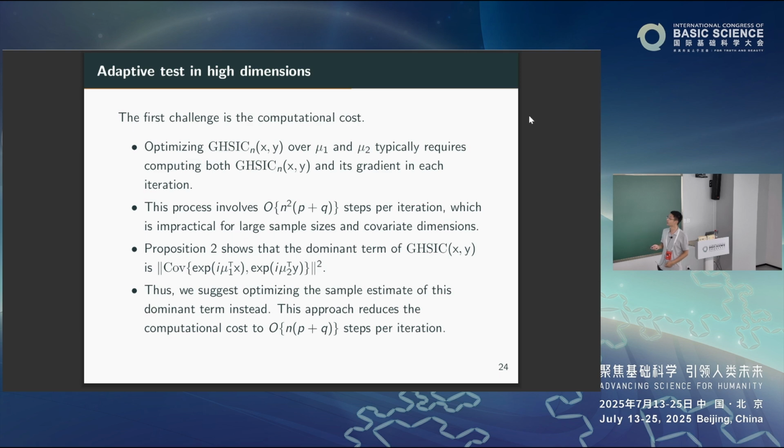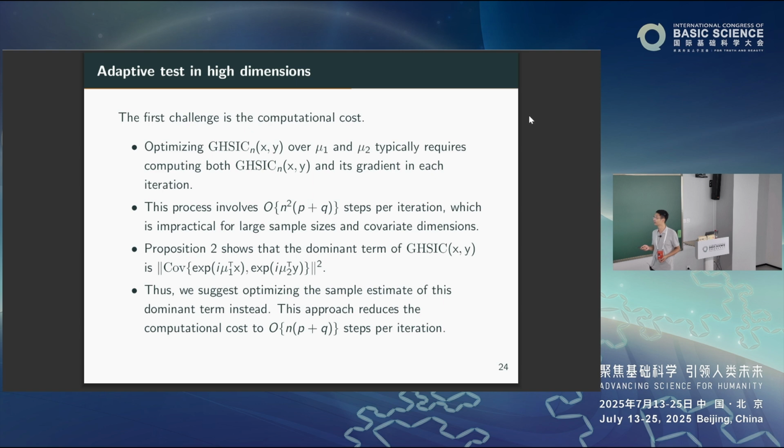The first one is a computational issue. As we know, the generalized HSIC requires O(n squared times (p plus q)) steps. So when optimizing mu1 and mu2, the algorithm will need to compute the generalized HSIC at the sample level and its gradient in each iteration.